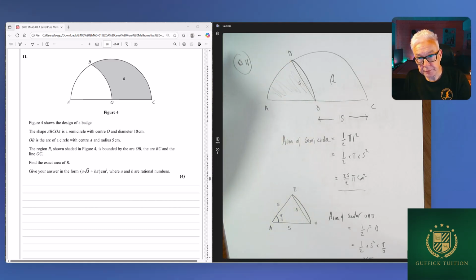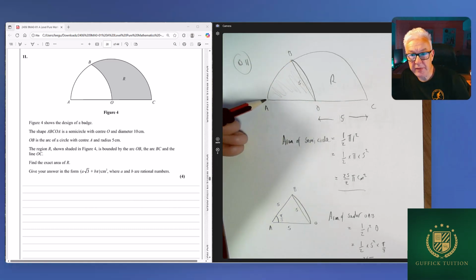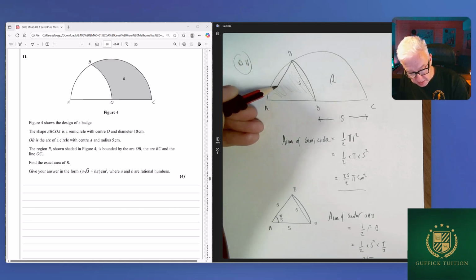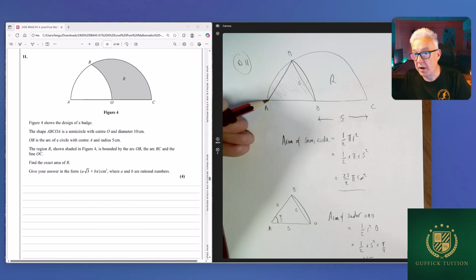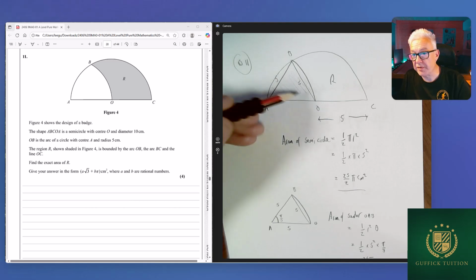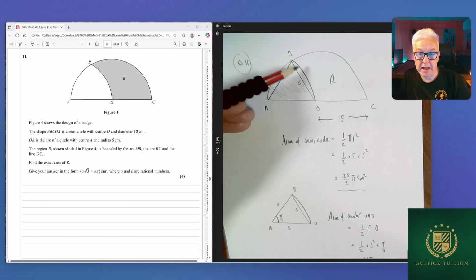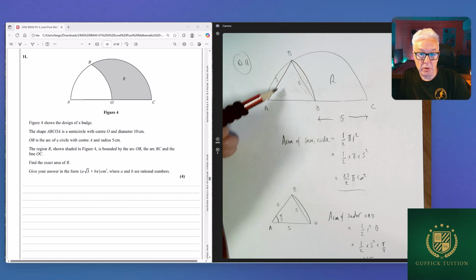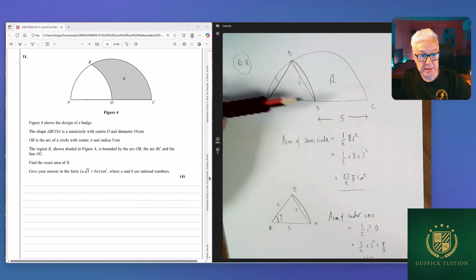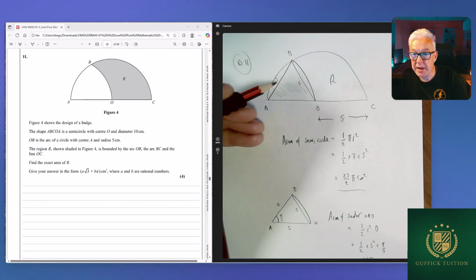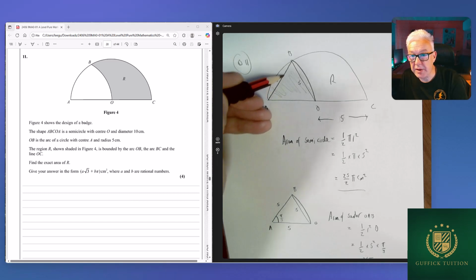Now equally, if I had a line drawn from A to B here, that is also going to be 5, and the reason is because this is a sector. So this whole shape here, the shape AOB, is a sector of a circle, and so basically this length here is 5.